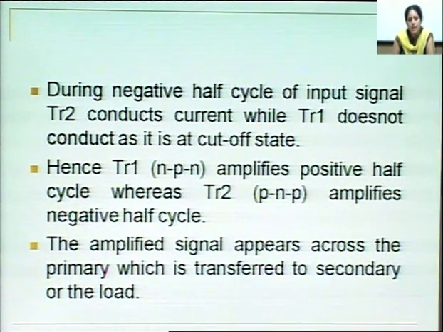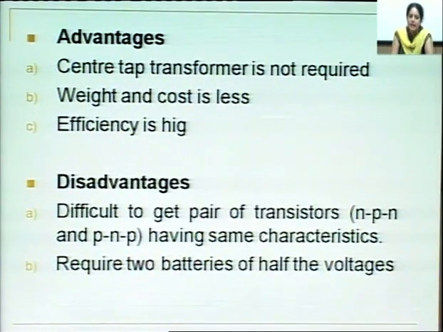Hence, the NPN transistor amplifies the positive half cycle, whereas the PNP transistor amplifies the negative half cycle. The amplified signal appears across the primary, which is transferred to the secondary and the load by transformer action. The advantages of the complementary push-pull amplifier are that a center tap transformer is not required, which was required in the push-pull amplifier, and weight and cost are less as center tapping is removed.